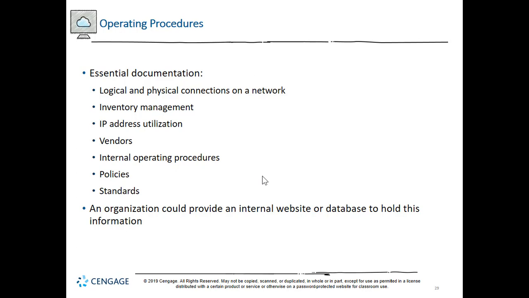Essential documentation that you need to keep on your network, okay, would be logical and physical connections on the network. Not only do I keep documentation of the logical information on my network, but I will also take labels, for example, and put them on the face of my router, because your ports on your router are usually in the back.